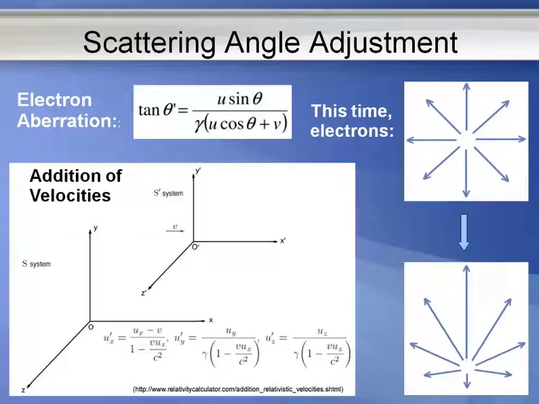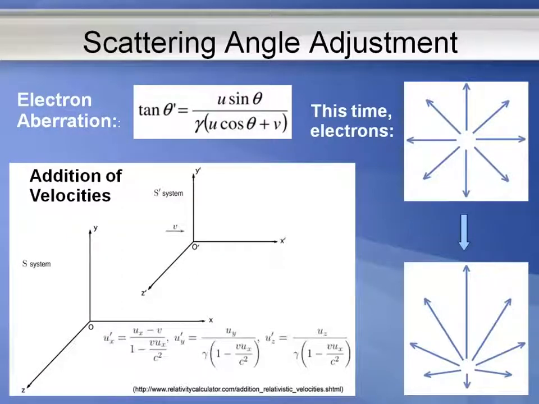The last modification is a bit more complex, and this is the addition of velocities in order to determine appropriate scattering angle. The idea here is that if we have an isotropic distribution of electrons in the black hole frame, we would have an anisotropic distribution of electrons in the scattering frame, in the rest frame for the black hole.